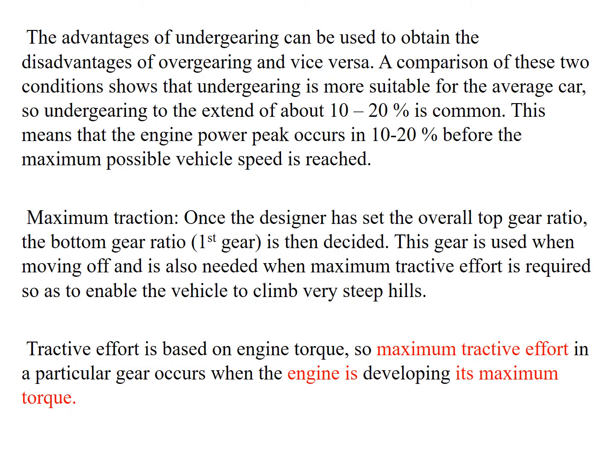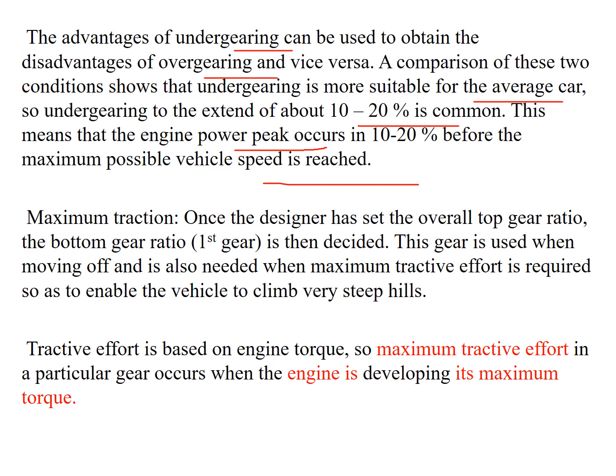The advantages of under gearing can be used to obtain the advantages of over gearing, and vice versa. A comparison of the two conditions shows under gearing is more suitable for an average car, and the under gearing extends about 10 to 20% in common. This means the engine power peak occurs at 10 to 20% before the maximum possible vehicle speed is reached.